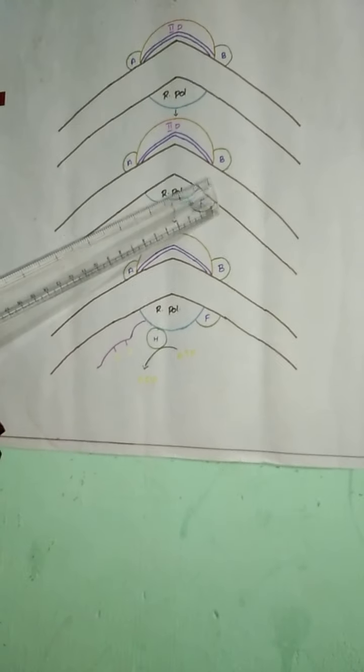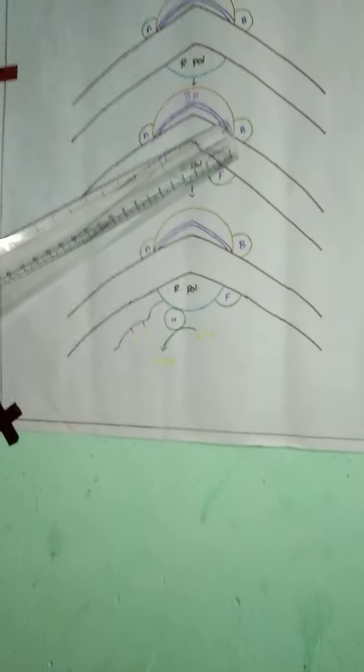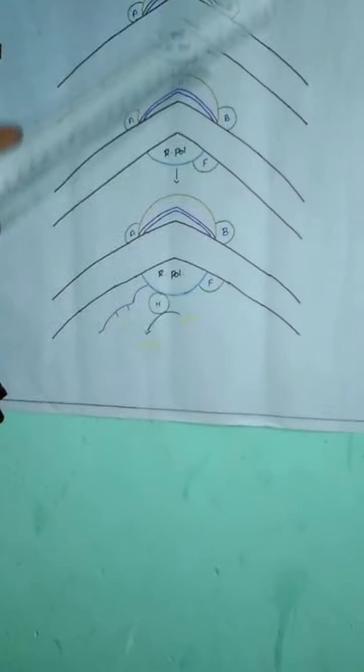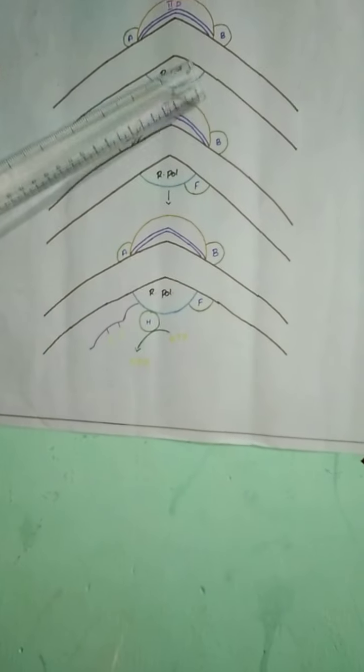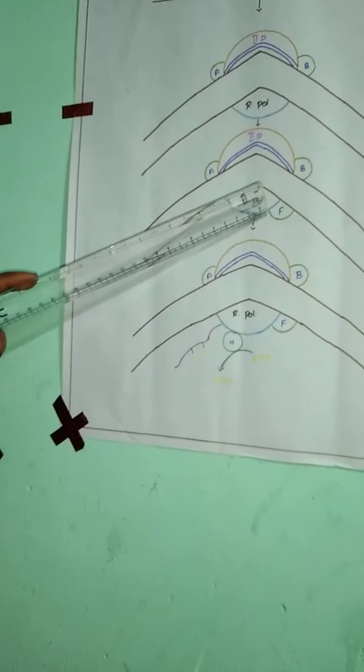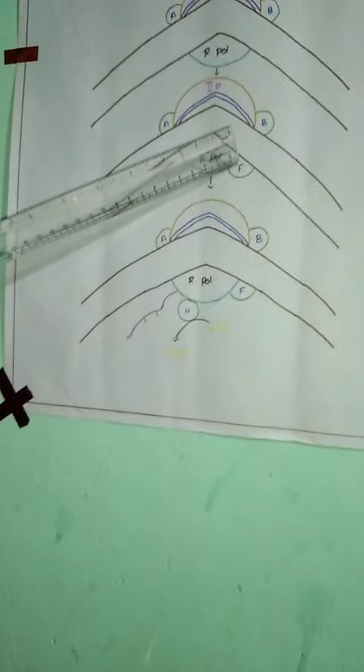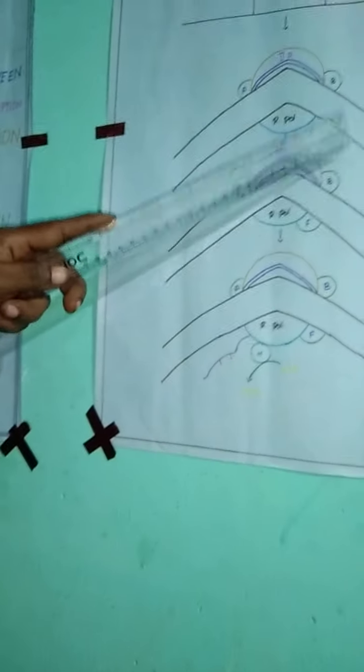If there is a positive signal, another transcription factor binds to the promoter, known as transcription factor E and H. Still the promoter is not open, DNA is not melting, RNA polymerase has not escaped from the promoter region. We want to open the promoter region, melt the DNA and let RNA polymerase escape. This function is done by transcription factor E and H.